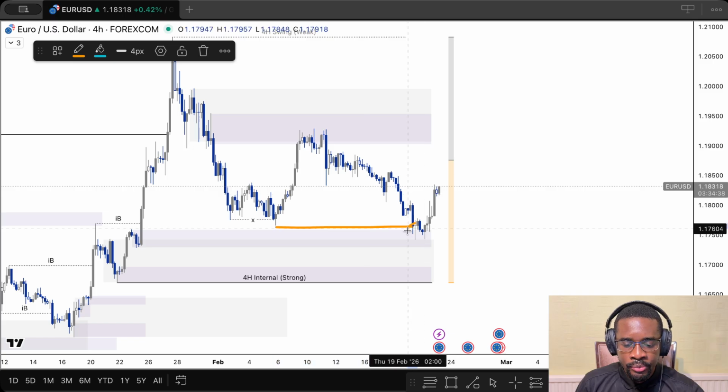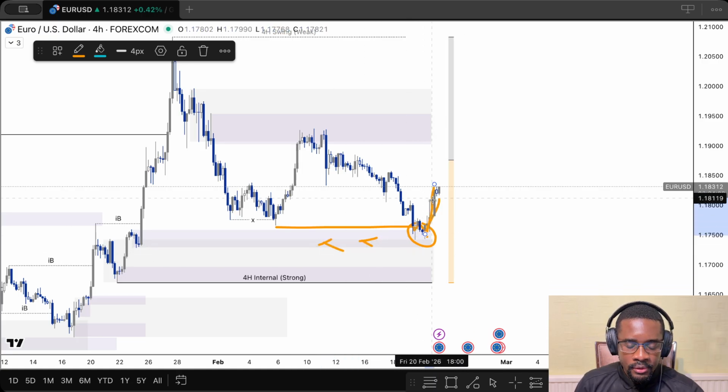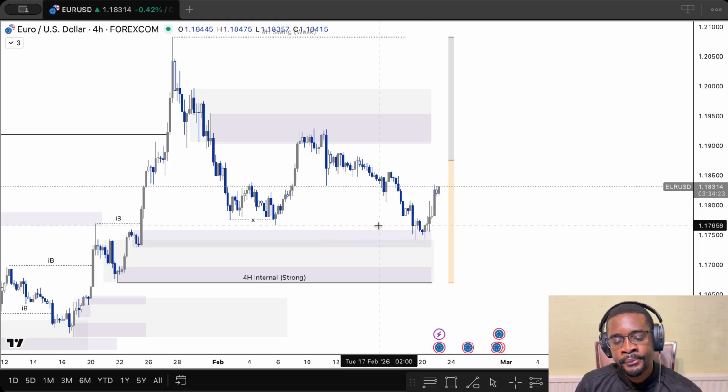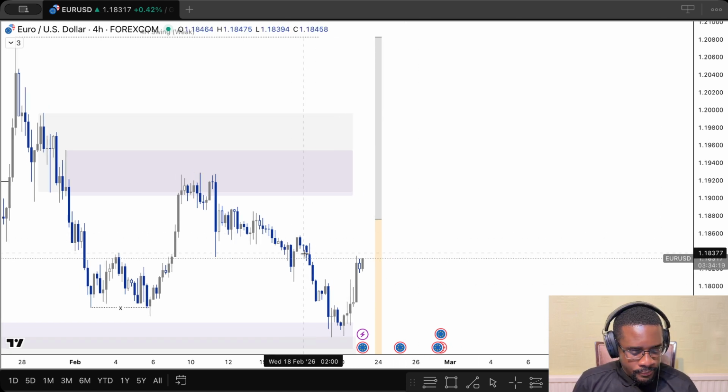Obviously after a break of structure, we expect a pullback. So we've had a break of structure. We did have a few continuations into the 4-hour zone, and eventually now we have moved away from the zone.